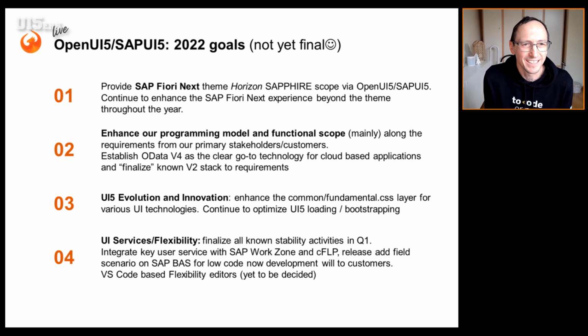As a disclaimer in the beginning, we are still working on the goals and will shape what we are about to do, but it's still already a good time to give you an outlook about the topics where we are quite sure. Since TechEd, you have heard about the Fiori Next initiatives.